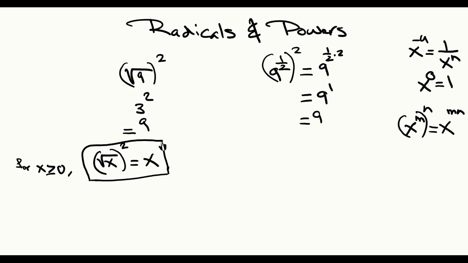So this brings us to the notion that maybe square root of 9 and 9 to the 1/2 are the same thing. And in fact, they are whenever the square root is well defined. So we generalize this notion for all nth roots in the following manner.